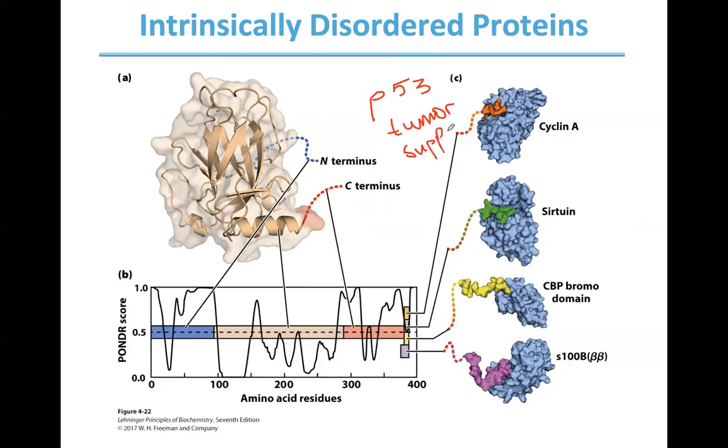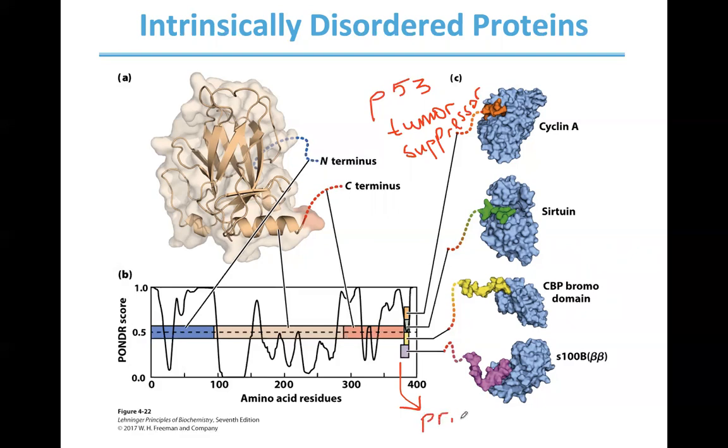Also tumor suppressor. So it turns out that actually, because of the promiscuity, here in this region, you can adopt different conformations, right?